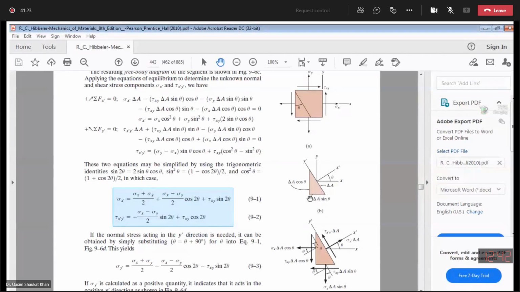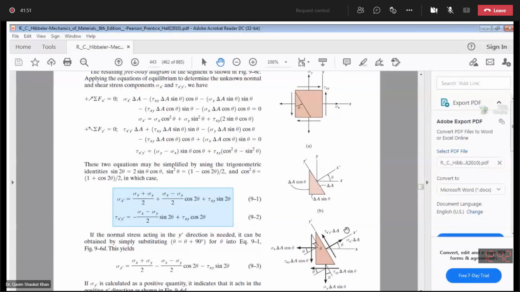The area component along the perpendicular is delta A sin theta. So we multiply sigma y with delta A sin theta to get the normal force sigma y delta A sin theta. Then we have the shear stress tau xy. We multiply it with delta A sin theta to get the shear force.